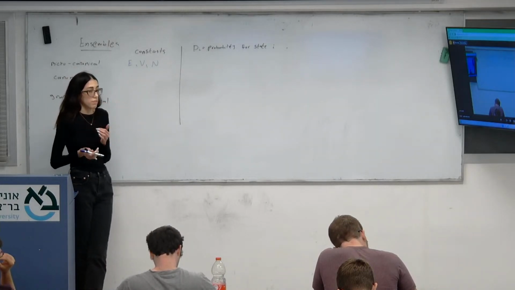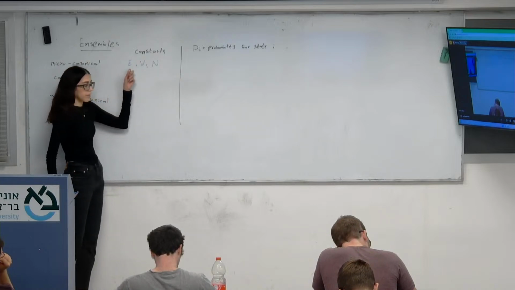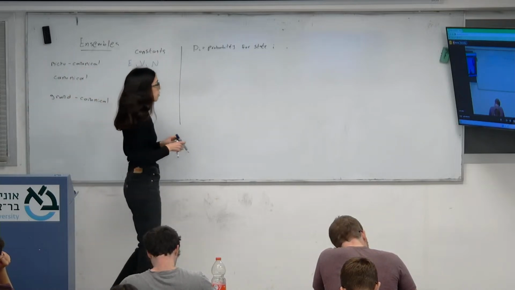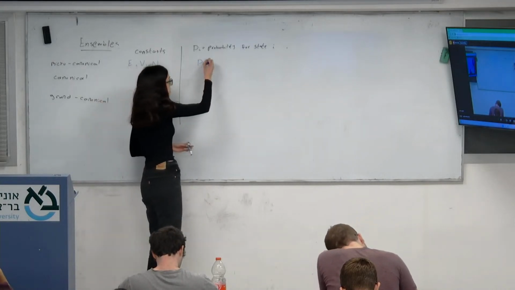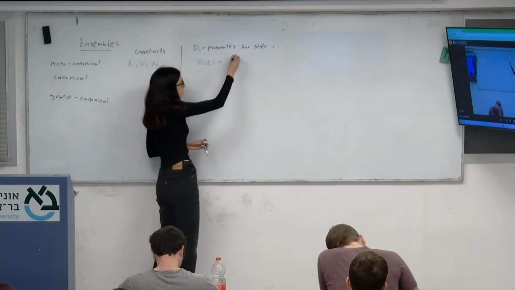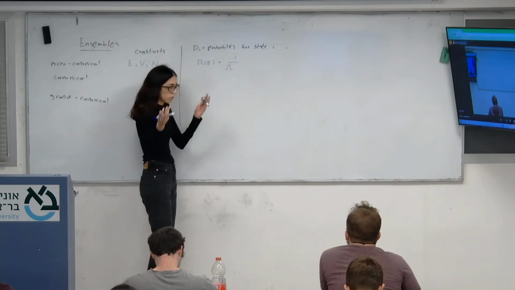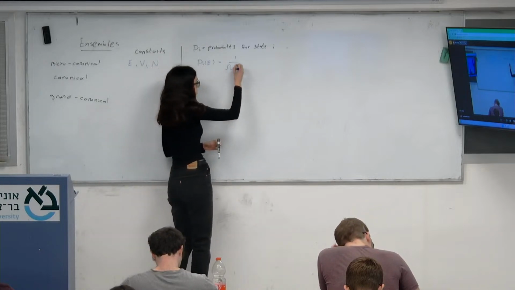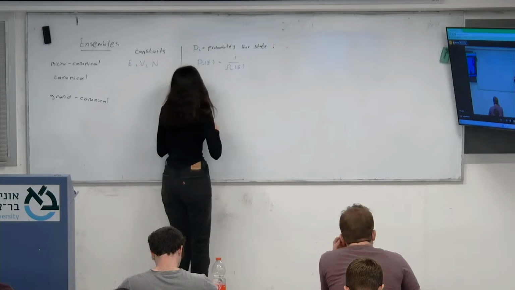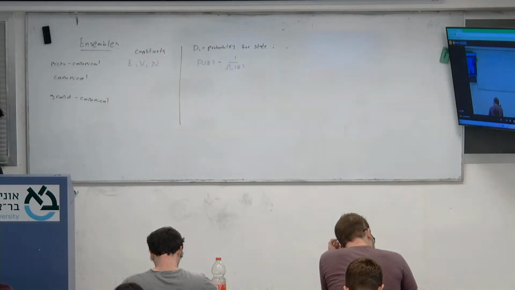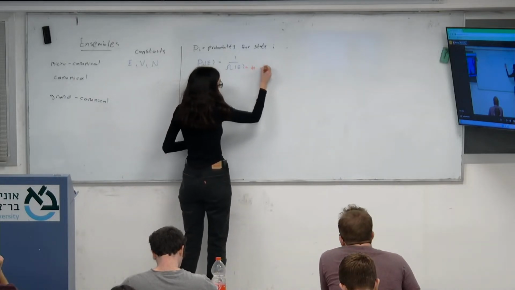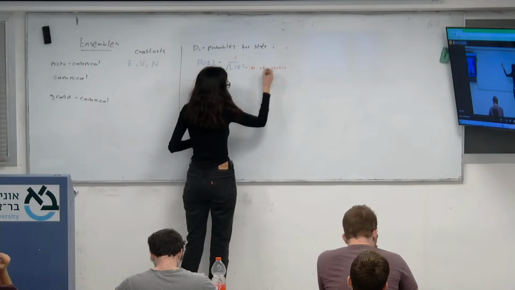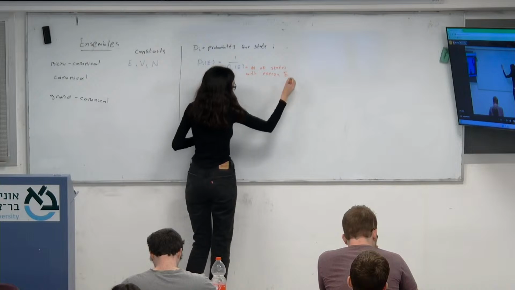So all of the states that have the same energy are equally probable. So the probability to be in some state I with some energy is equal to 1 over the overall number of states that have the same energy. So this is the number of states with energy E.